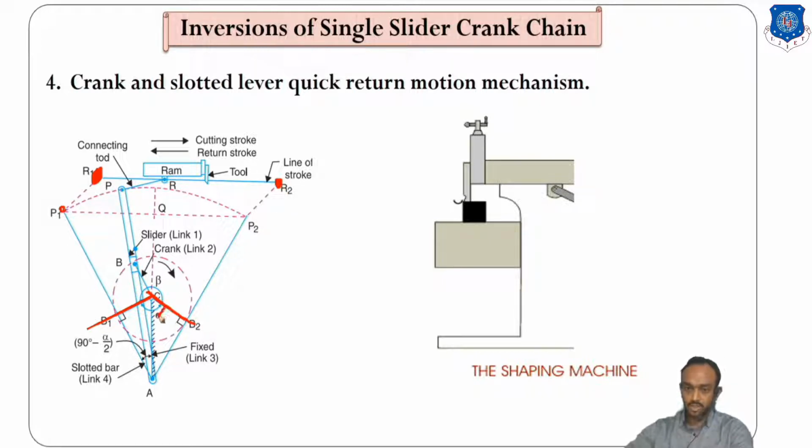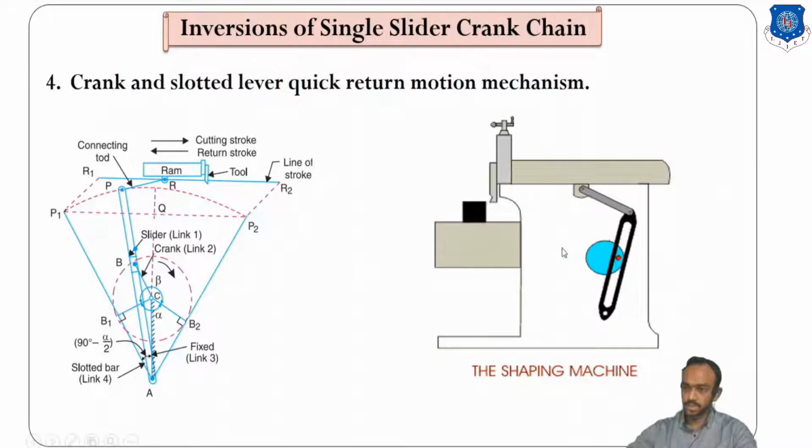So this is the angle for which our ram is returning, and this is the angle for the cutting. During the cutting stroke it will complete this large angle, and during the return stroke there is a smaller angle. So the difference in these two angles is proof that the crank and slotted lever is a quick return mechanism, and it will save time in our production.